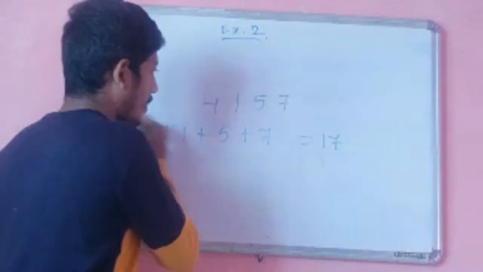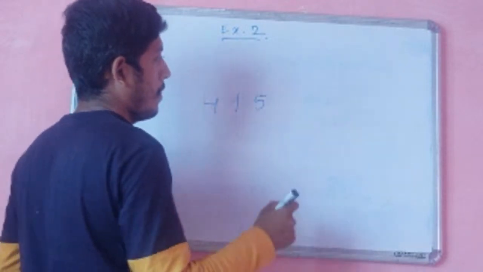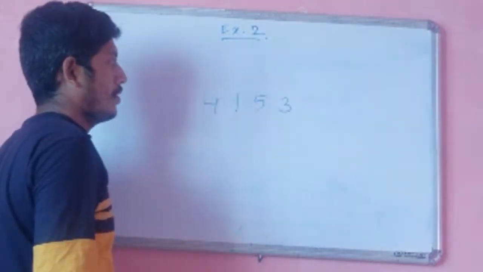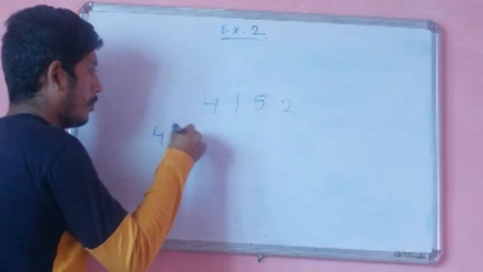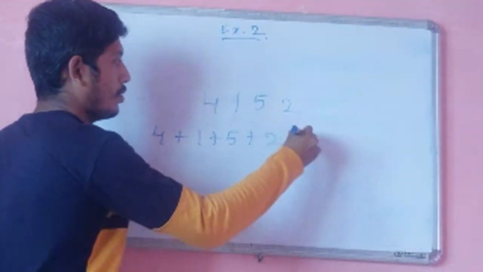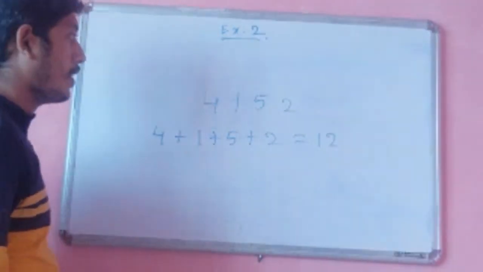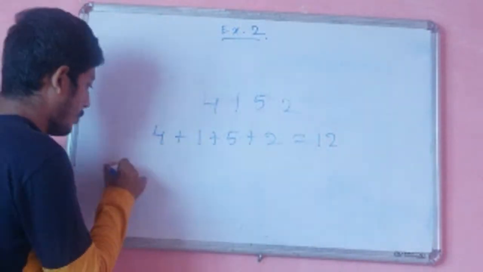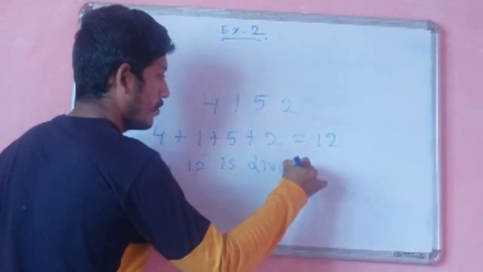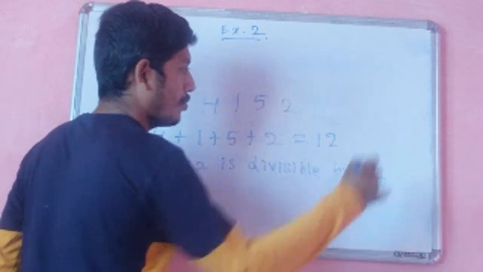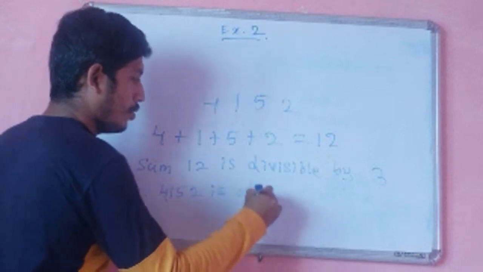If I make this last digit 2, it becomes 4 plus 1 plus 5 plus 2: 4 plus 1 is 5, 5 plus 5 is 10, 10 plus 2 is 12. Therefore the sum 12 is divisible by 3, so 4152 is also divisible by 3.